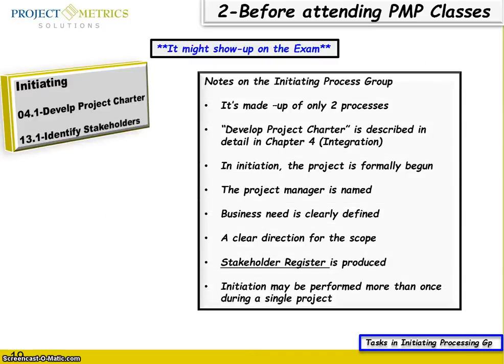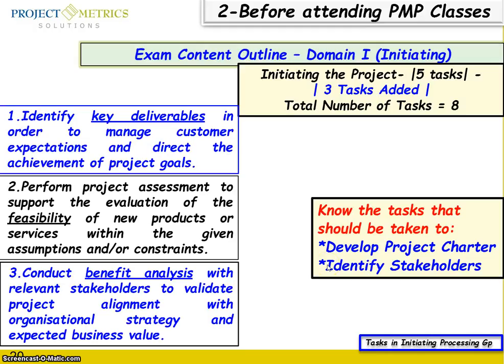Now, I'll walk you through the initiating process group, but I'll have to mention some notes here. You know that the initiating process group has only 2 processes, as you see here. The purpose of it is in chapter 4, the integration knowledge area, and the outcomes are the project charter and the stakeholder register. Now, what is there to read about the 3 tasks that have been added?